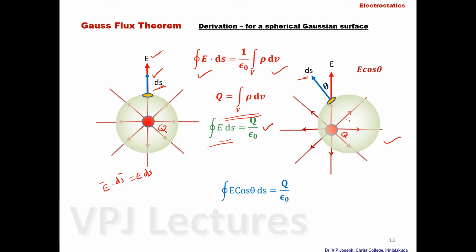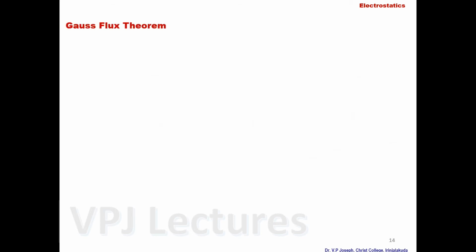The angle theta is the angle between the direction of the area ds and the direction of the electric field. So the component of the electric field in the direction of the area is E cos theta. E cos theta into ds gives the electric flux associated with that region. So the surface integral of E cos theta ds, in this case E dot ds changes to E cos theta into ds, is equal to q by epsilon 0.